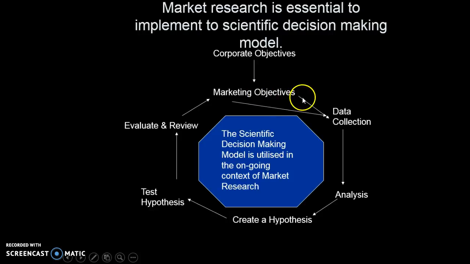And from within that, we would therefore have our tactical objectives lying in here, which would be reliant on, okay, if you've got an objective, first off, as part of your strategy, collecting data, analysing that data, from that creating some form of hypothesis, testing that hypothesis, reviewing that hypothesis, did it work or not, and then going back, how well did it affect our marketing objectives. So this is a very general model, but it's one that can be applied in the context of, say, market research or other marketing goals and marketing aims.